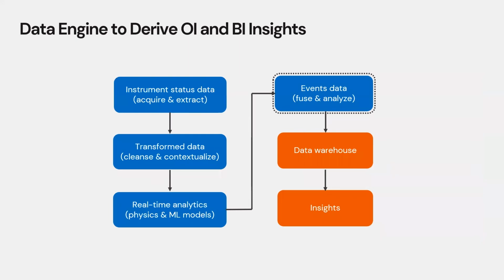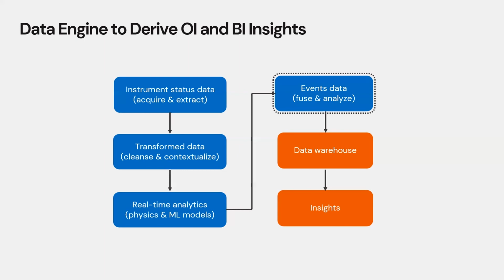Now let's talk a little bit about how to derive the operational and the business insights. In our case, what we can do, for example, is first to acquire the data from the instruments, whether the instruments are connected to the network or not. We have a way to attach a computing device to the instruments, collect the data, and extract the meaningful data out of the total data package.